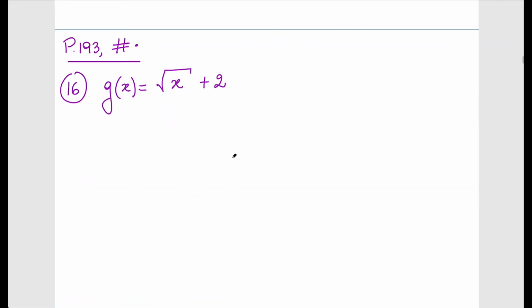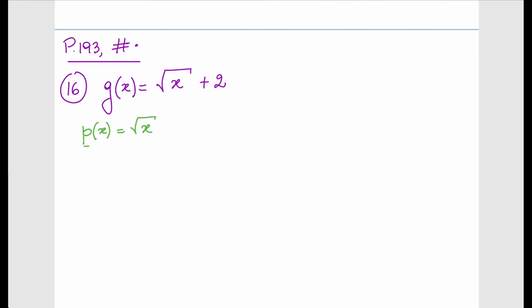So if the parent function here, let's call it parent function because I know how to graph it, and p for parent is square root of x.